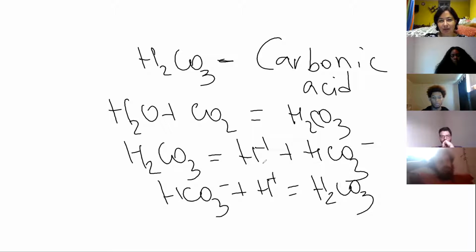I'm not sure if we're going to get back to this buffer system. Maybe. I usually teach the buffer systems in anatomy class when we talk about pH regulation. But this is just to give you an example of how it can work. Whenever you can neutralize this, you reduce acidity. Whenever you can release this, you increase acidity.